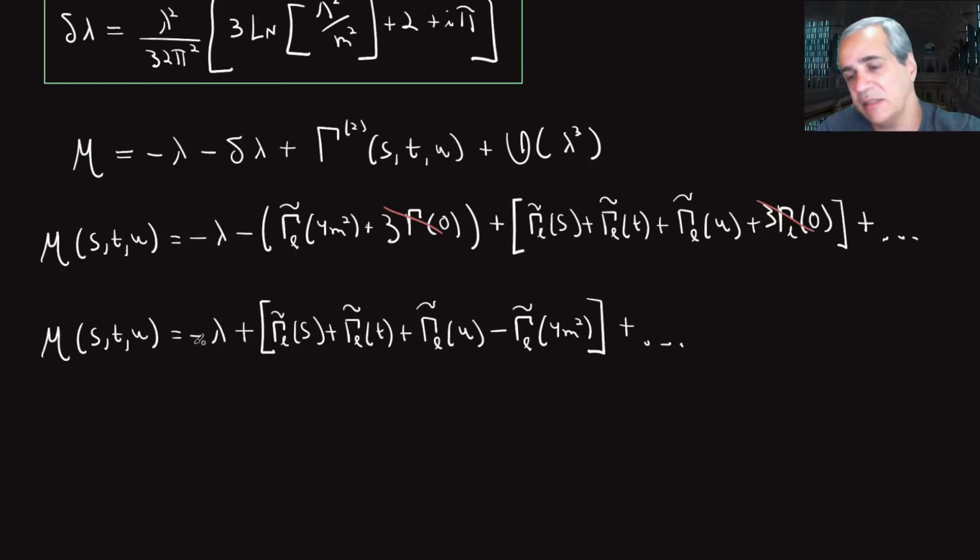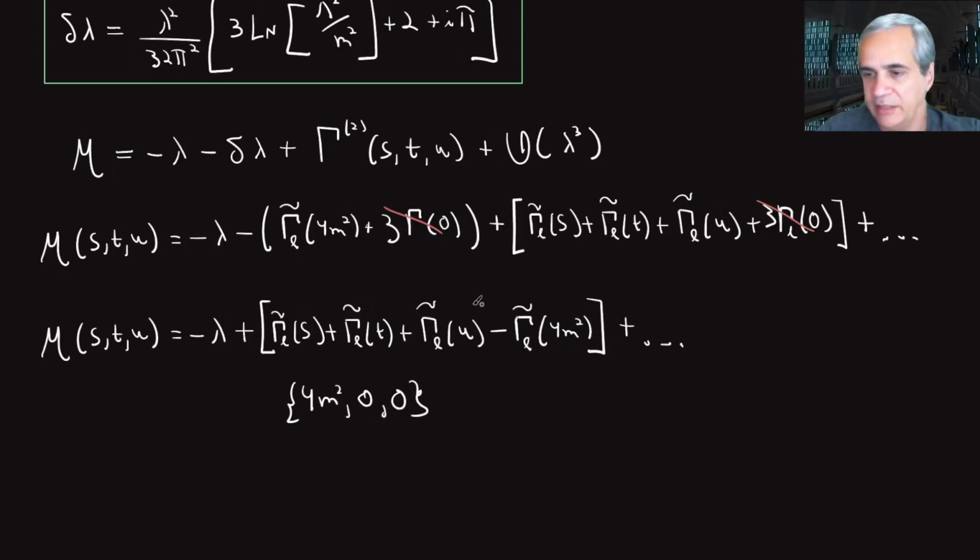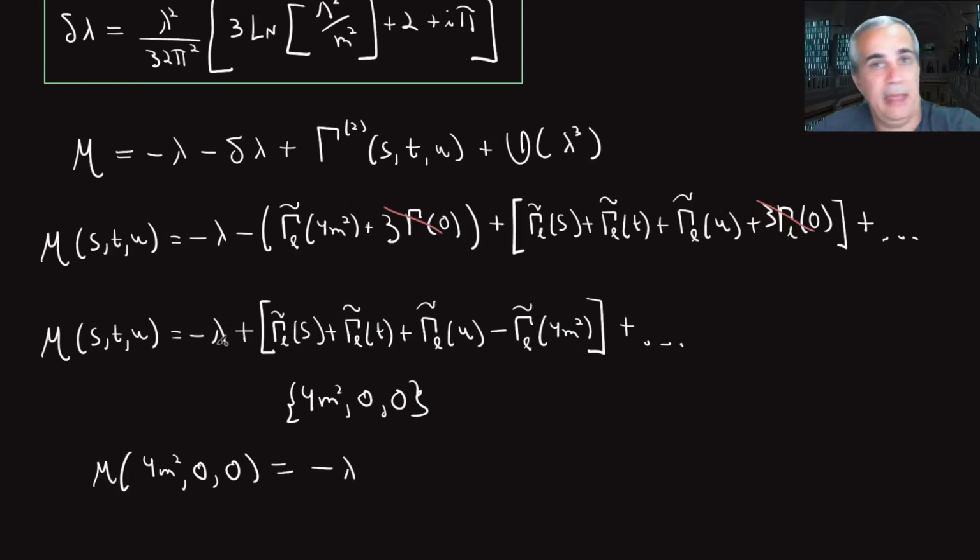And this dependence on S, T, and U is in relation to that reference point. Remember, I chose a point which was 4m squared, 0 and 0 in this STU space. And it's clear here that if I put 4m squared, 0 and 0, again I get that M of 4m squared, 0, 0 is just minus lambda, as I wanted.